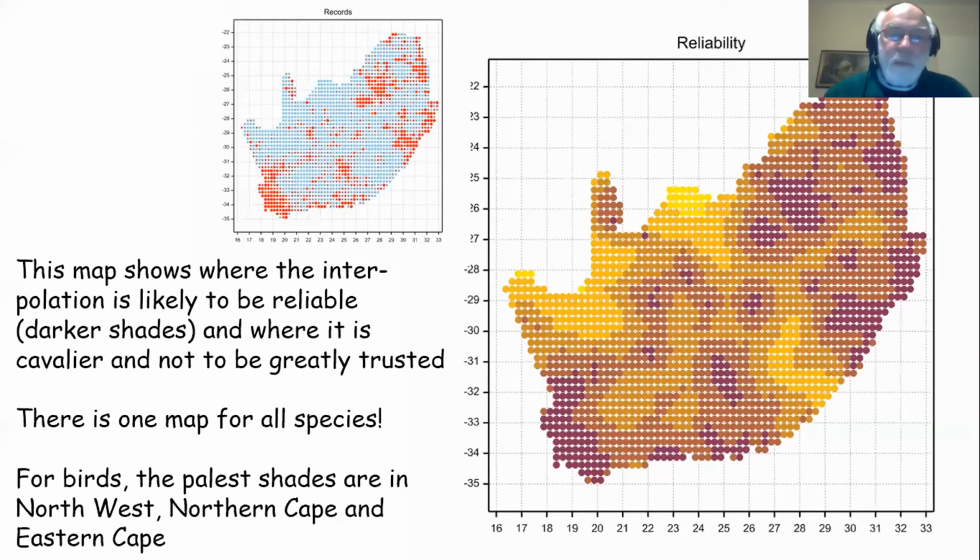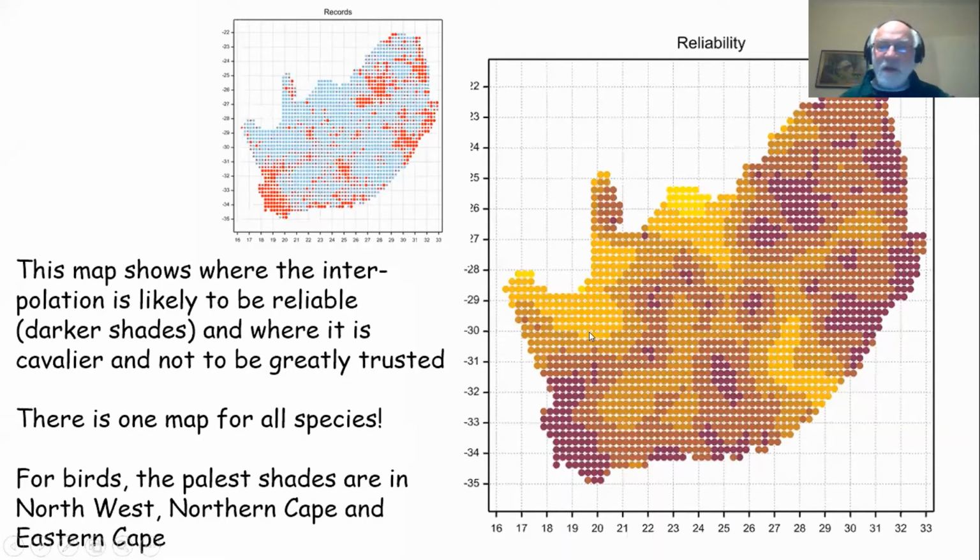So this top map is the one from the previous slide, which shows where the data is, and the new map with the yellow and purple colors shows the reliability for the bird picks data for any grid cell. If the color is yellow, as it is up at the top there, it means that there's not much data, and you have to go out a long way to find enough data to do the interpolation. This area corresponds to that area, and you can see these areas are the second shade.